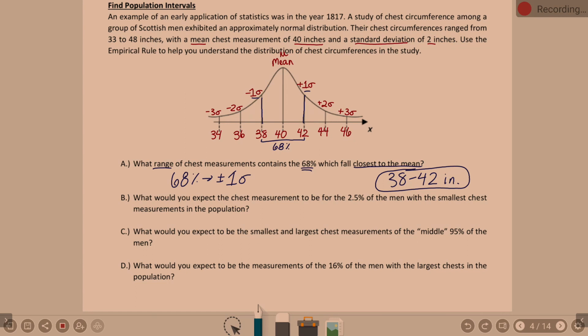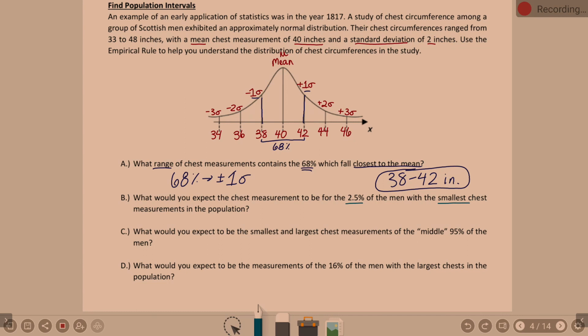Okay, so they're asking for the smallest 2.5%, right? Now, 1 standard deviation of the data is 68%, correct? Go up to the top of your notes. What's 2 standard deviations? 95, yes? So what is that saying on here?